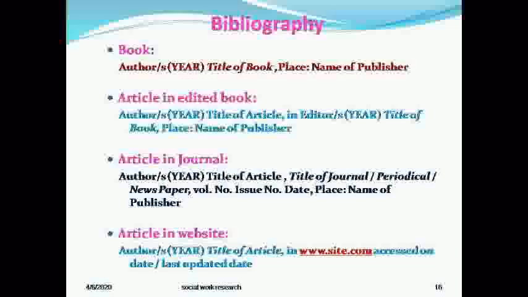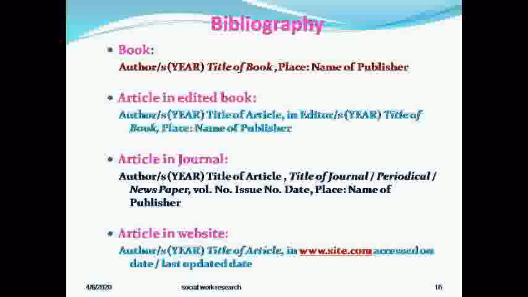Bibliography, there are generally 4 types of bibliography. The first one, bibliography of the books. When you present the bibliography of the books, you have to first write the author's name, followed by the year in bracket, then the title of the book in italics, comma, place of the publication, followed by colon, and finally name of publisher.